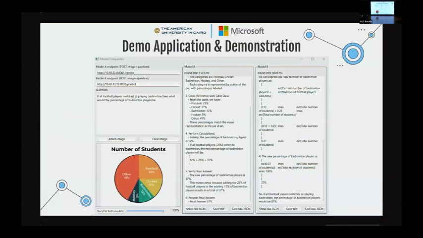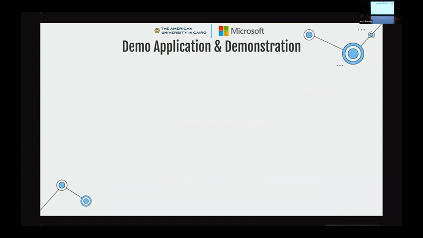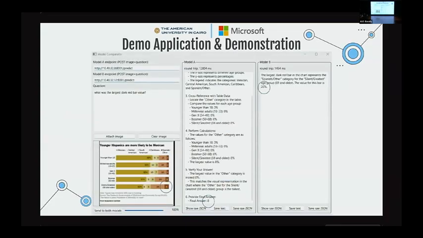So as you can see, you write the question and attach a chart and send it to both of these models, which are running locally on our campus, and then you receive the results. As you can see, the older model produced a wrong result, which is 28%, while our model produced the correct result, which is 8.